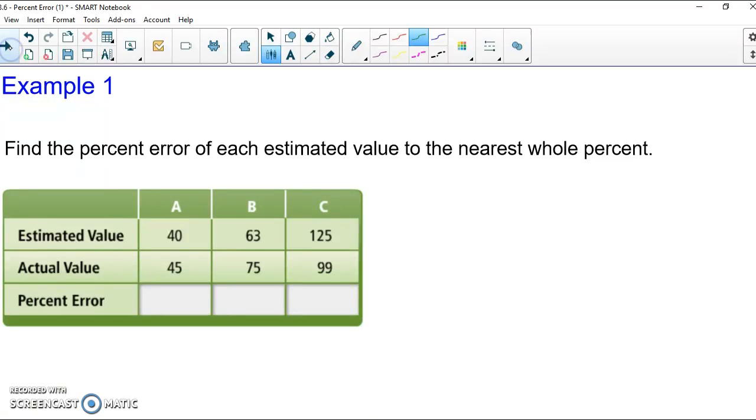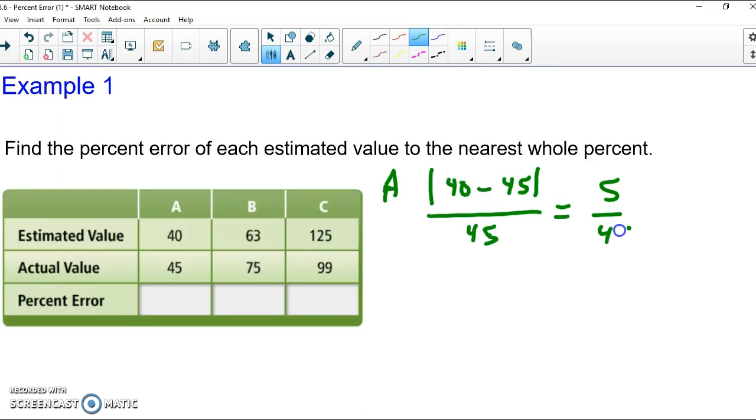Okay, so let's look at another example. If we want to find the percent error of each estimated value, then let's start with A. I'm going to find the absolute value of my estimated value minus the actual value, divided by the actual value. So I will do the absolute value of 40 minus 45, which is 5.